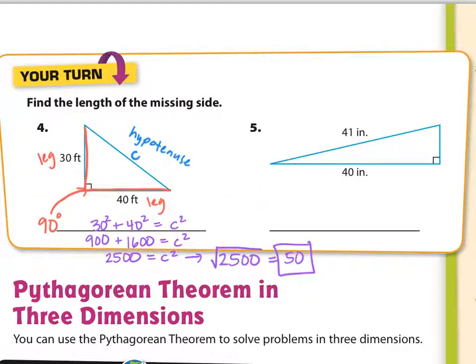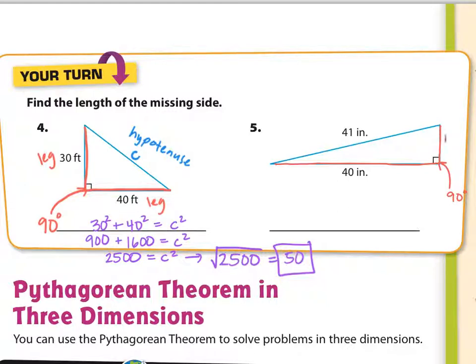Let me show you how to do number 5, because this one's a little bit different. Our right angle is now on the right side. That's our 90-degree angle. So our two legs, which I'm going to outline in red, are the 40 and this side that we don't know.